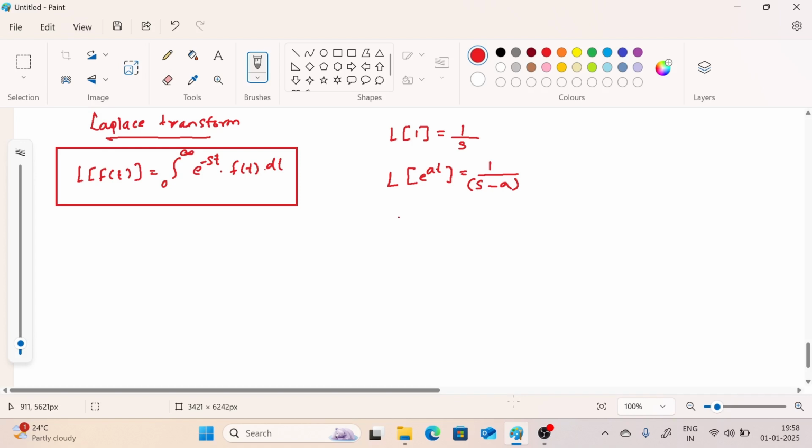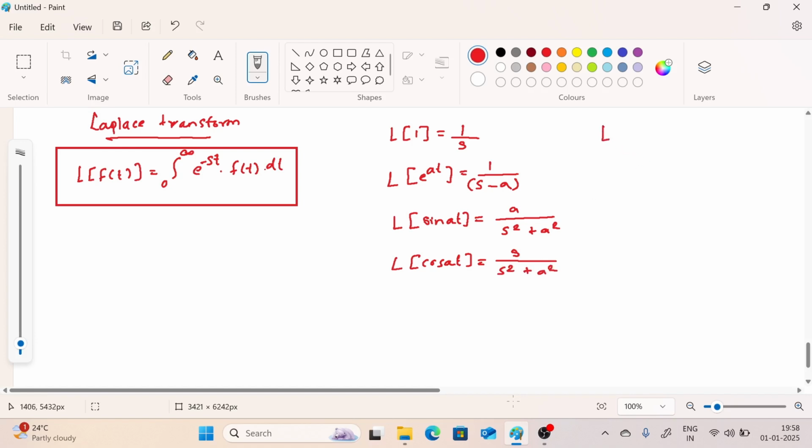Then we discovered the value of Laplace of sin at, equal to a upon s square plus a square. Laplace of cos at is equal to s upon s square plus a square.